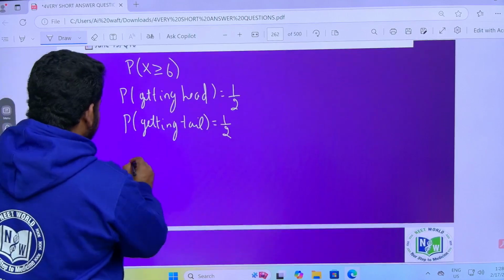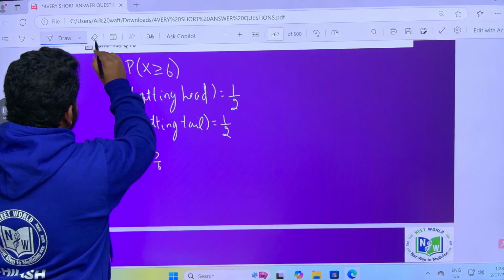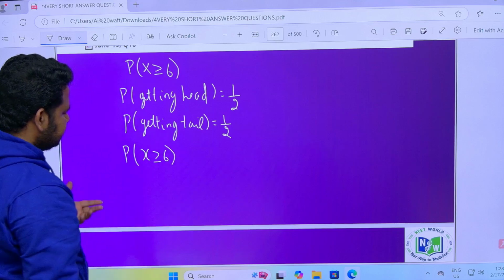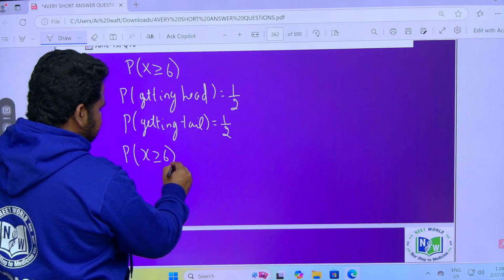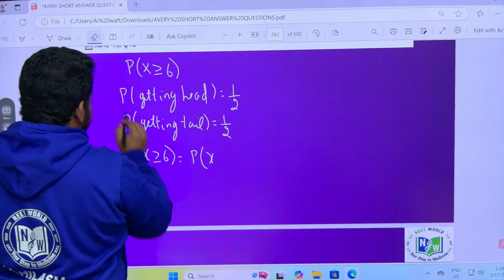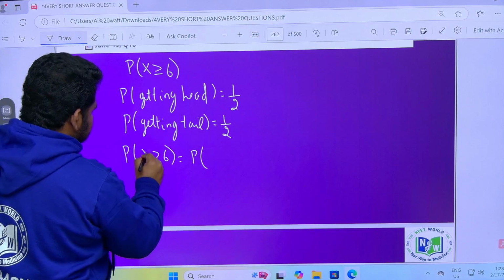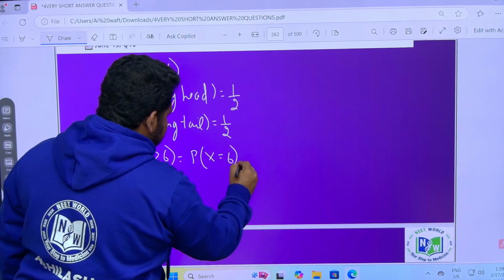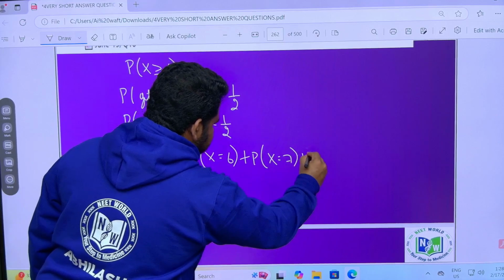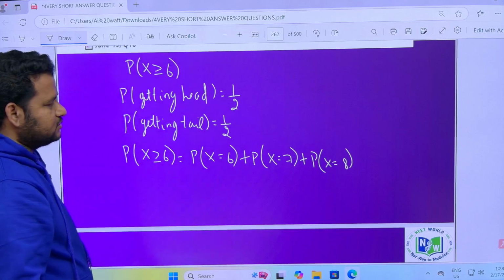The question is asking at least 6, which means P of X greater than or equal to 6. That is equal to P of X equal to 6 plus P of X equal to 7 plus P of X equal to 8, that is k equal to 6, k equal to 7, k equal to 8.